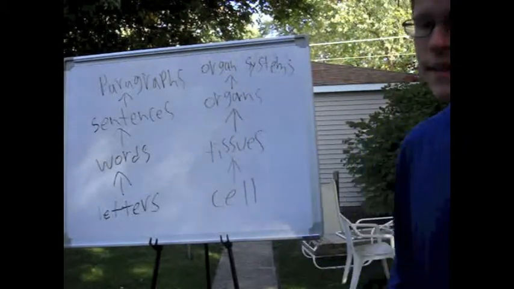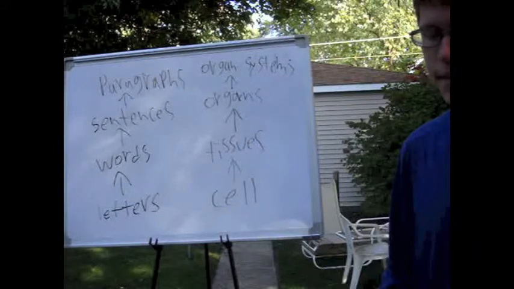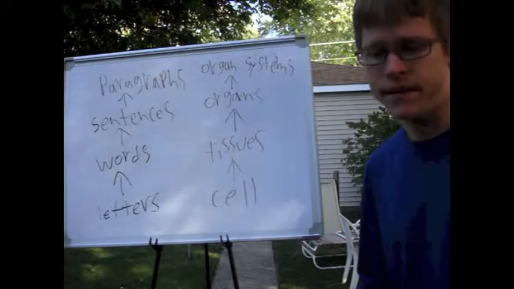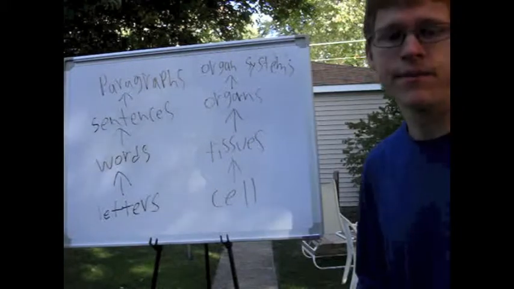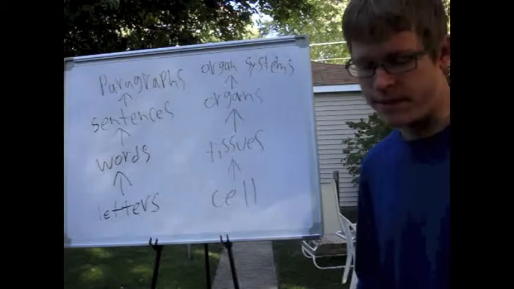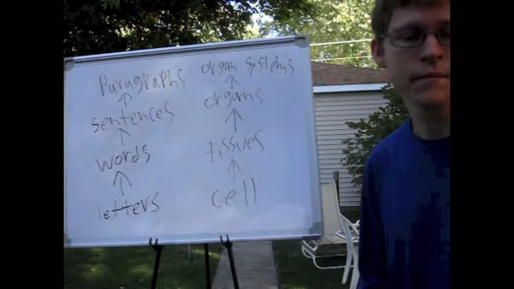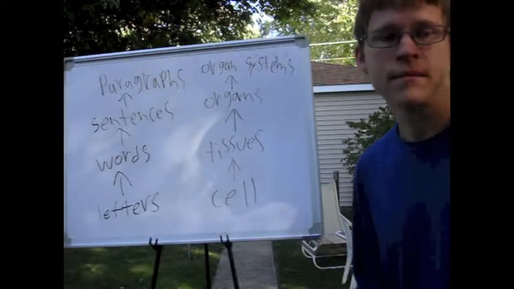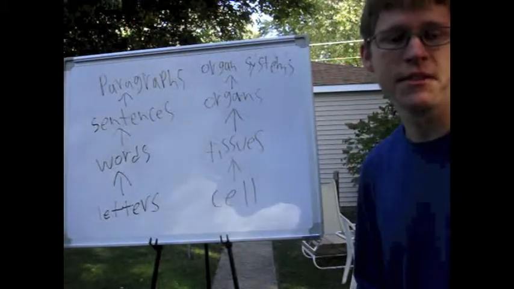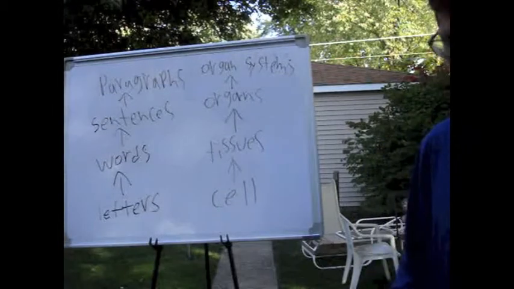Or let's take an engine, for example. We get the atoms of different metals to combine together to make different parts of the engine, such as the bulk of the engine, the piston chamber, the spark plugs.